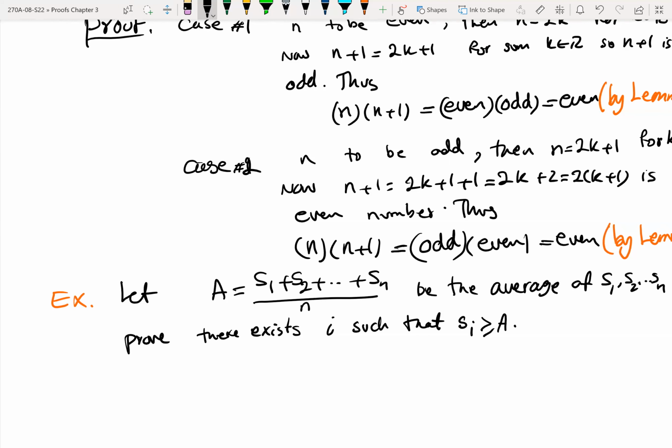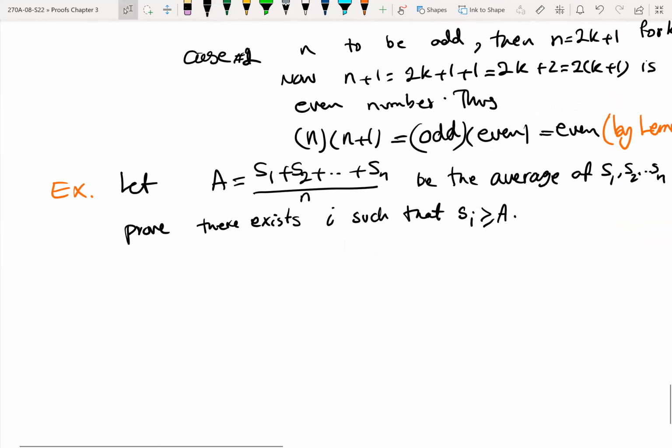So you have to have at least one of these midterms to be more than 60%. And I'm going to prove by contradiction.